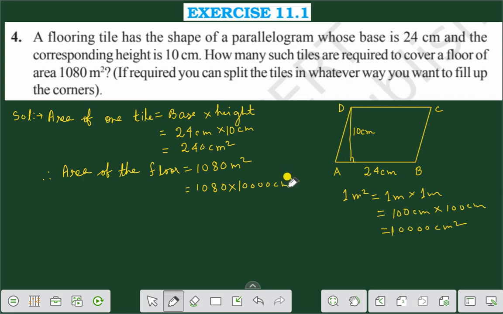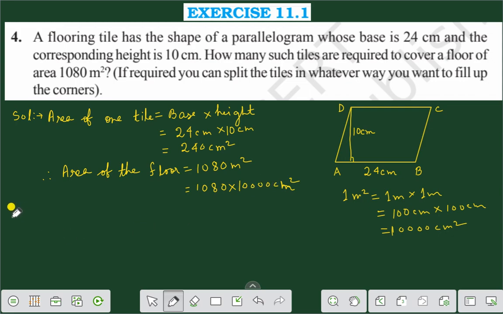You have to convert into the same unit, centimeter square, right? Therefore, area of one tile is 240 centimeter square and area of the floor is 1080 into 10000 centimeter square, right?